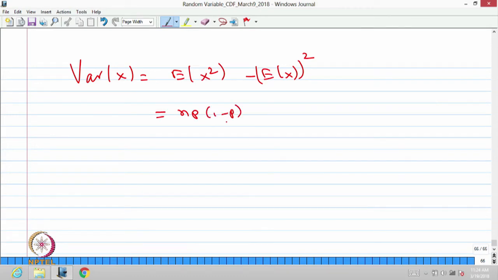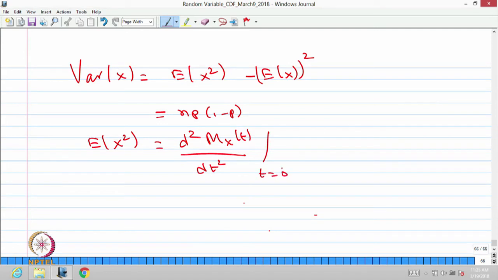For that you can use the other method, that is you can find the expectation of X square, that is nothing but the second derivative of MGF of X with respect to t twice, then substitute t equal to 0. That simplification will give the value, that is n into n minus 1 p square plus np.